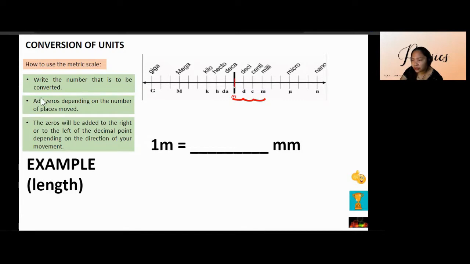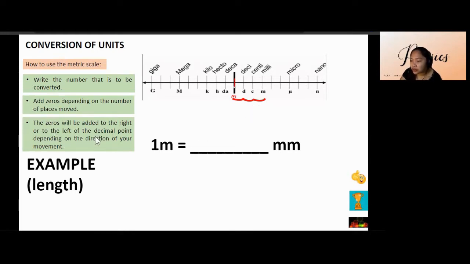So that means, according to step 2, add zeros depending on the number of places moved. And the zeros will be added to the right or to the left of the decimal point, depending on the direction of the movement. From meter, we go to milli, that's going to the left, because milli is the last unit that we want to achieve. So going to the left, that's 3 places.